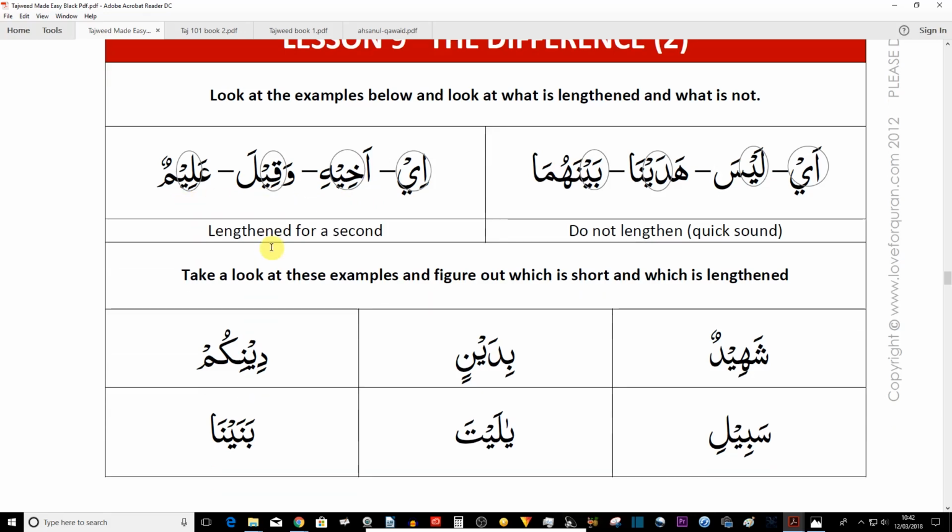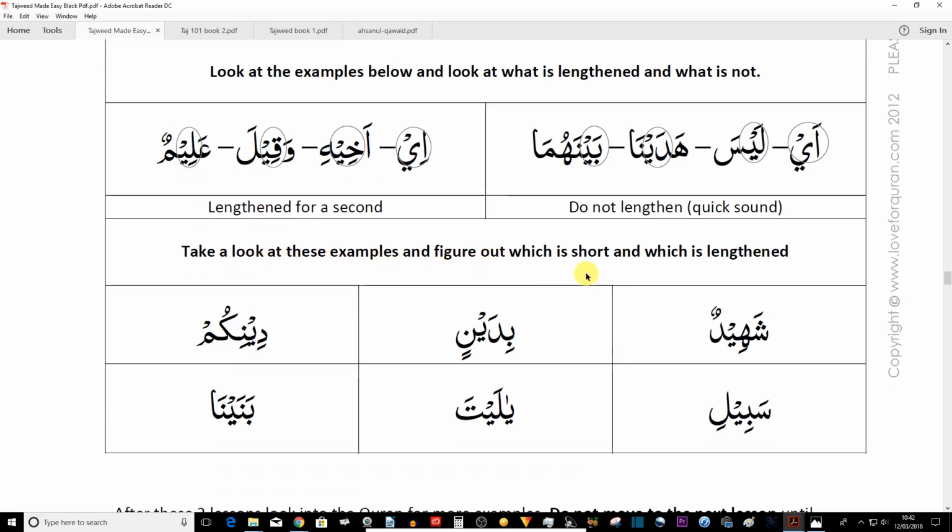Okay? Take a look at these examples and figure out which is short and which is lengthened. Again, we have the first word, he, so 2 beats, mad asli. Shahidun. Bidainin, short, 1 beat, Leen. Dinikum, long, mad asli, 2 beats. Here, sabili, 2 beats. Ya layta.